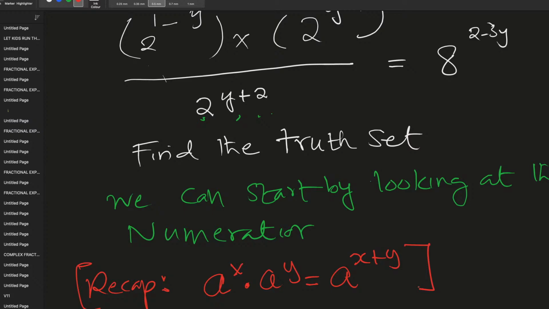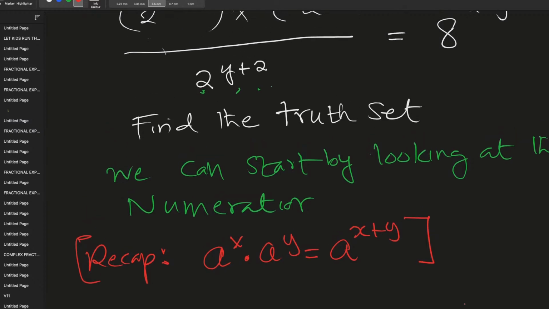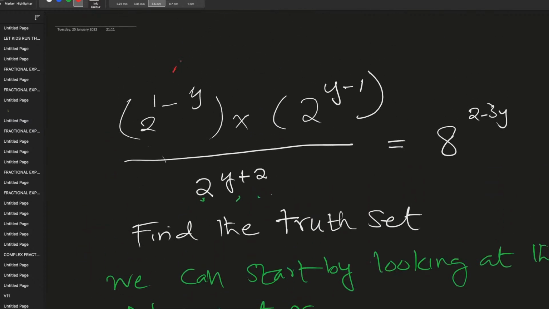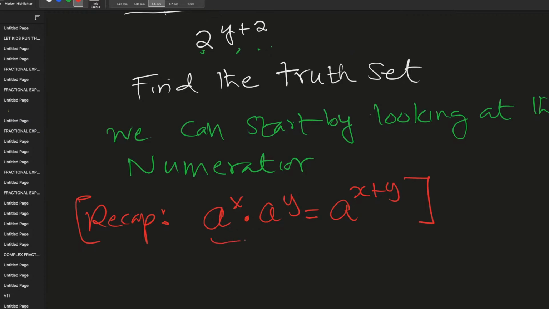That's the first property of indices when it comes to products. So if this one is a^x and this is a^y, then since they are multiplying, we add the exponents. That is the reason why this will help us to solve the question.